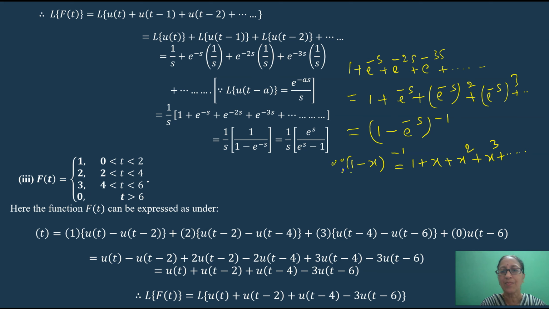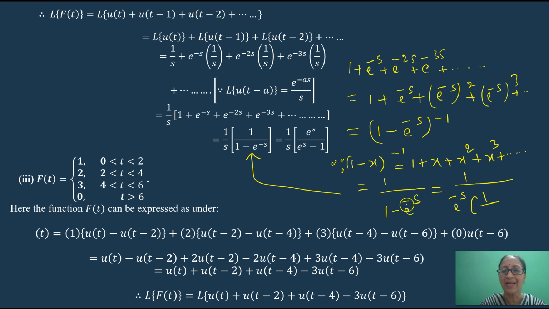So that means 1 by 1 minus e power minus s. That's why here we got this 1 by 1 minus e power minus s, which is equal to 1 by, here if you take e power minus s outside, 1 by e power minus s into 1 by e power minus s.